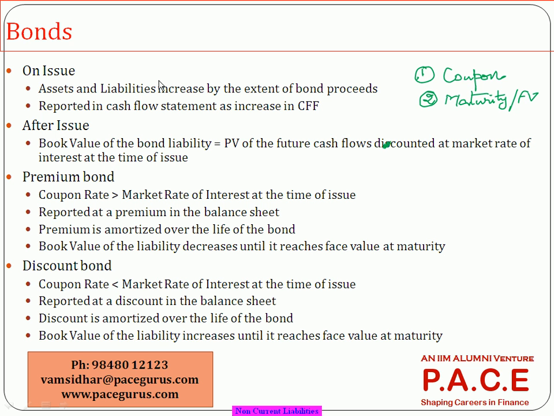Now, by the extent of this 95, I will increase the assets and the liabilities. Why? I have sold a bond. Now I am looking at it from the company which is issuing the bond, not who has invested in the bond. It got cash, 95.